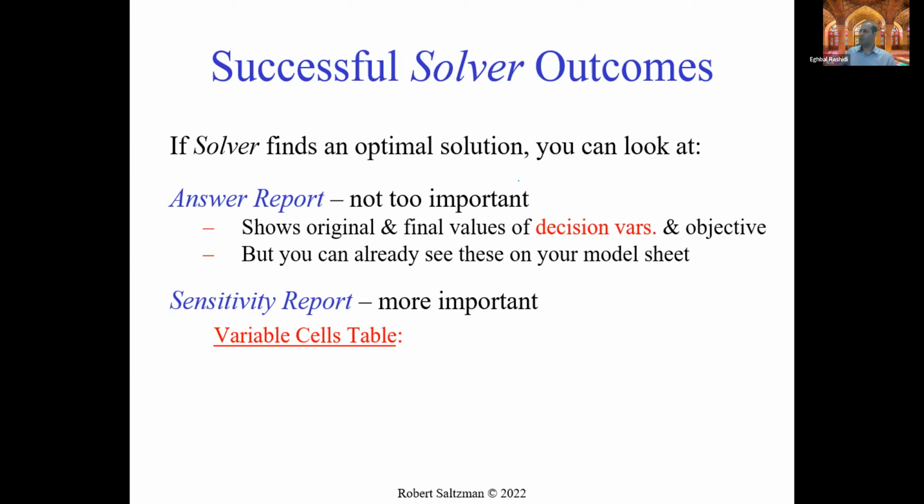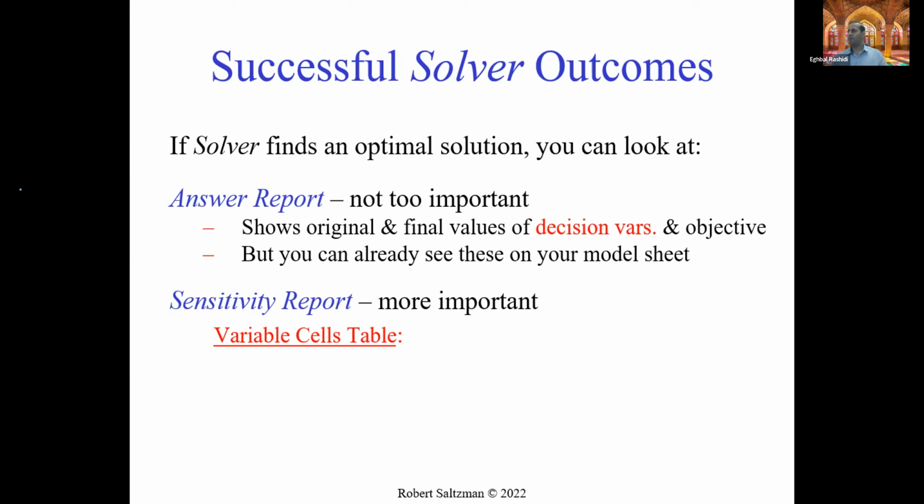Or, for example, if I change my mind and say that, okay, instead of $600 cap on investment on B, I want to set it at 900. So you want to see how these changes would affect your optimal solution for decision making. Sensitivity analysis is the right approach to do that. Or any other what-if scenarios.